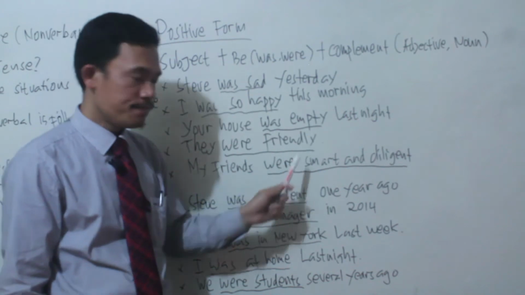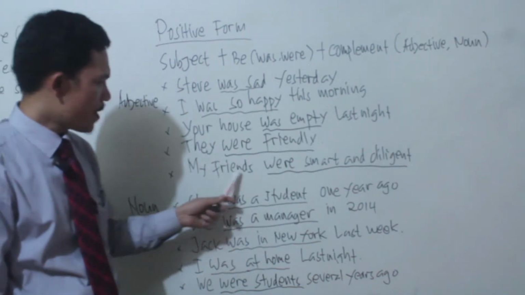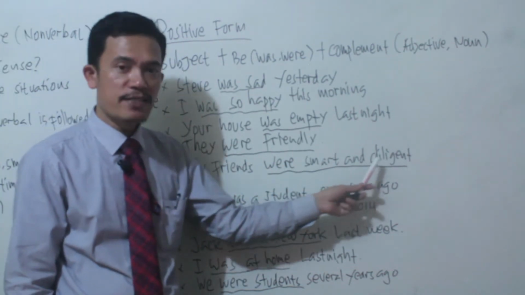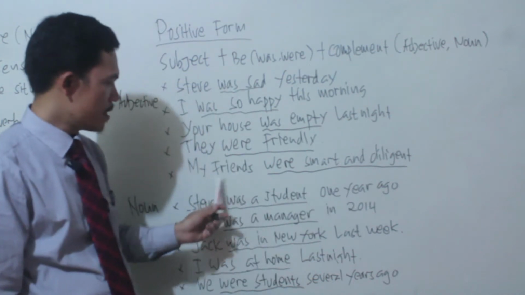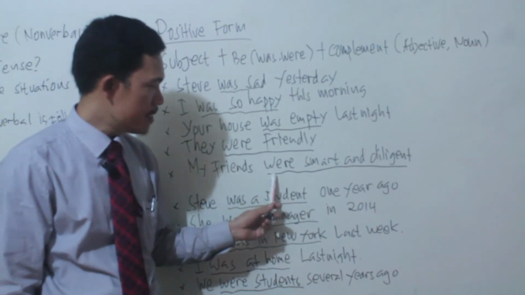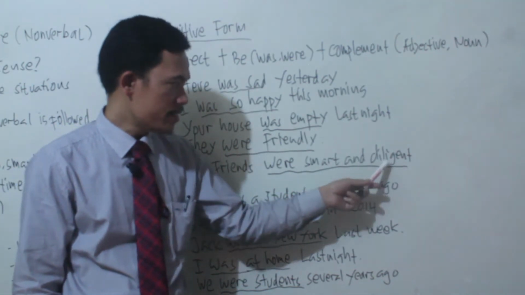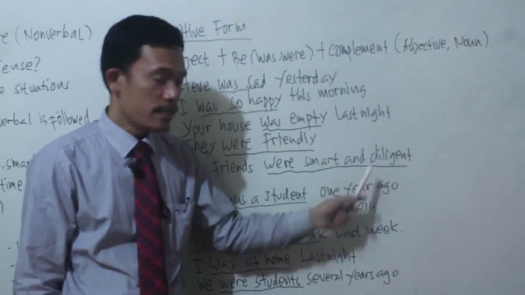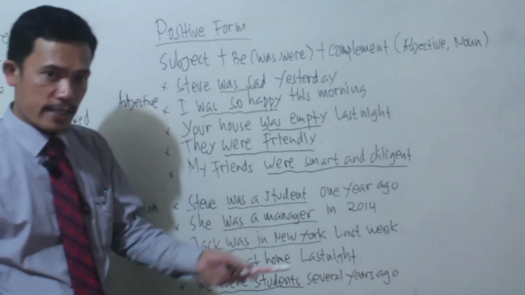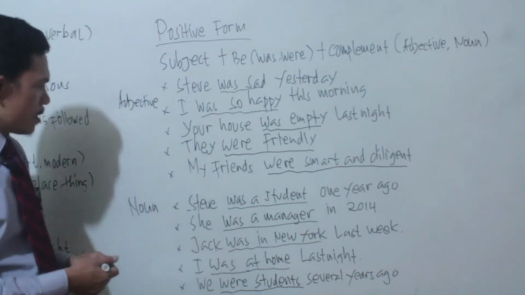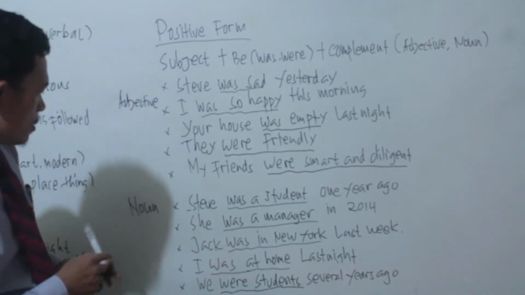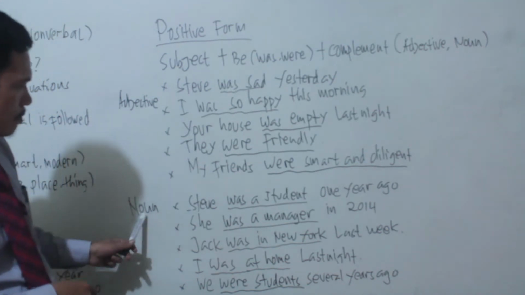Well, next, my friends were smart and diligent. My friends is the subject and were is the be or linking verb, and then smart and diligent is adjective.